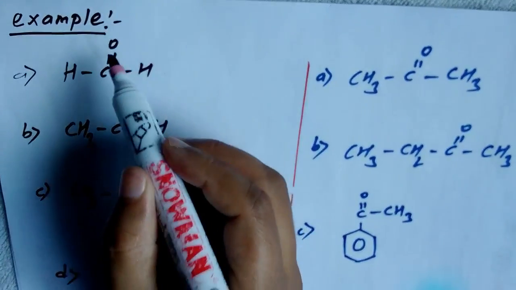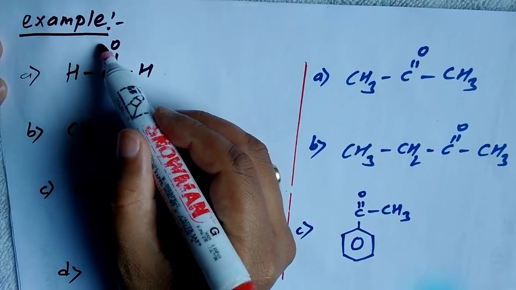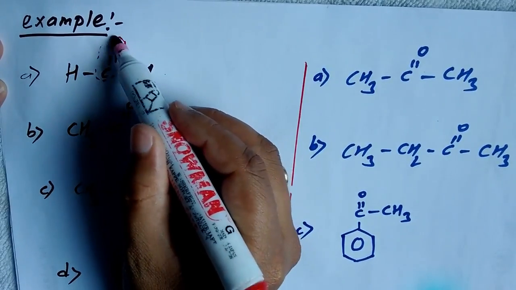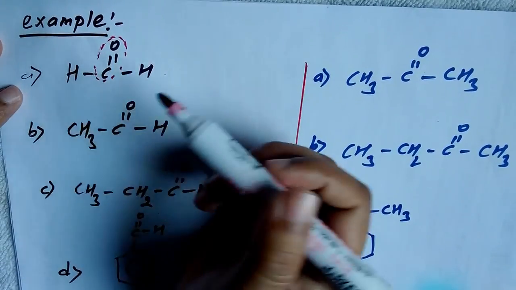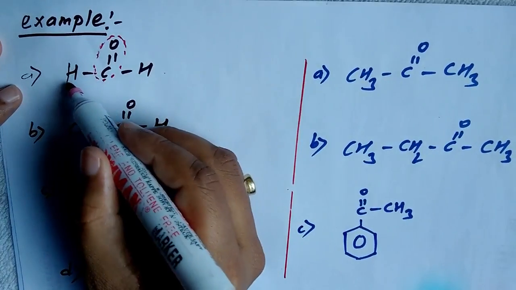In methanal, C=O is the carbonyl group and this is the functional group.